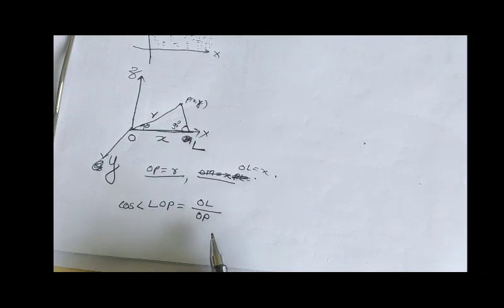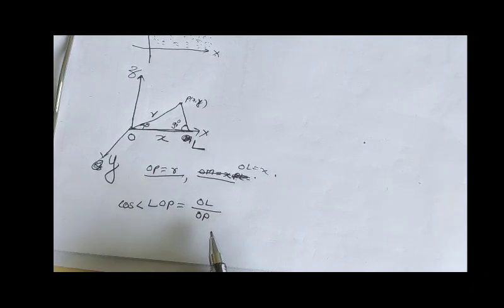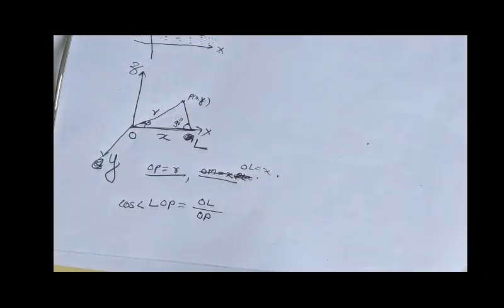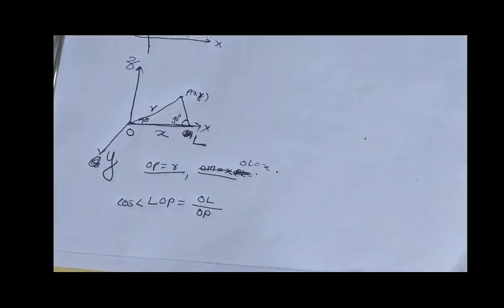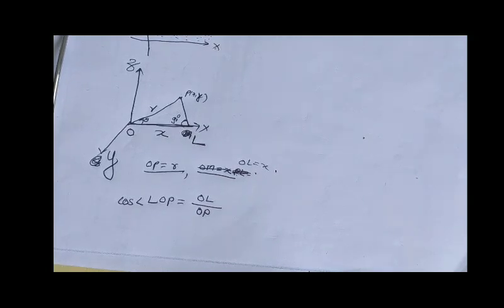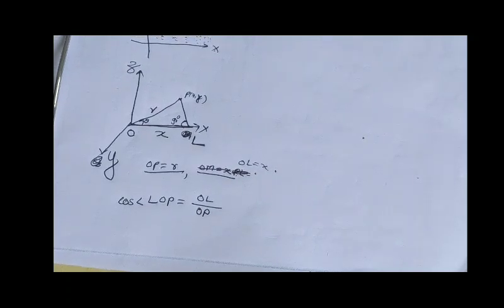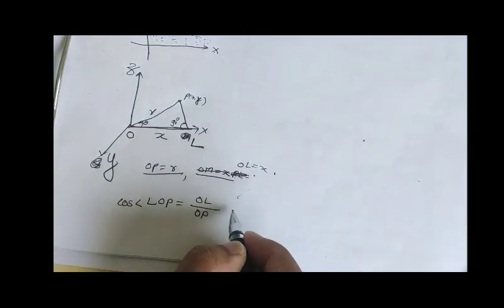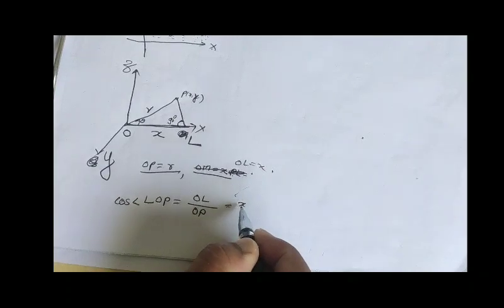What is the OL? OL is the adjacent side, and hypotenuse is OP. So I write this as x divided by r.